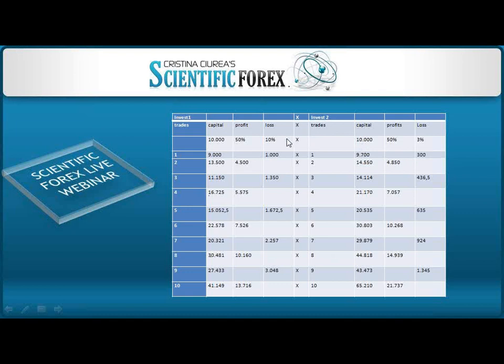So let's see what is the difference between two investors. Let's say that they are making some extraordinary profits, but they are risking, they are setting the stop loss.